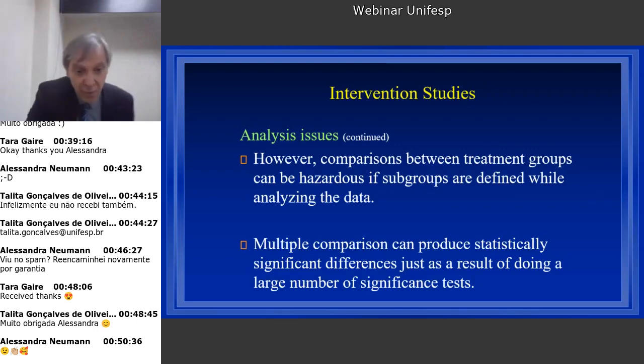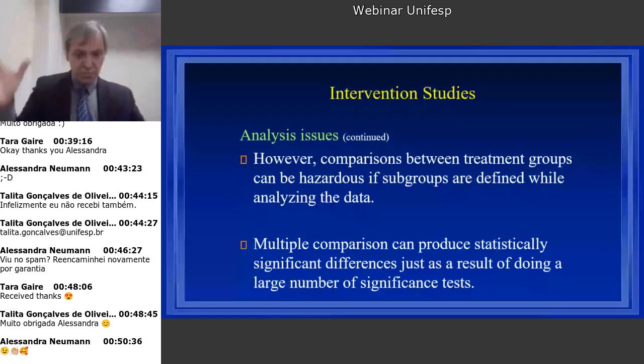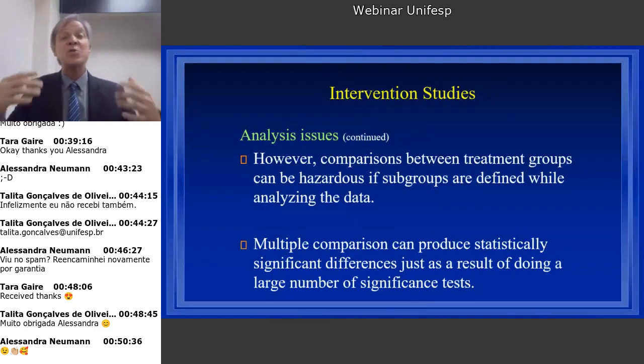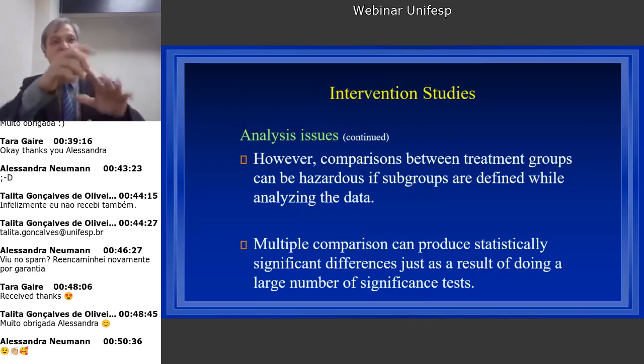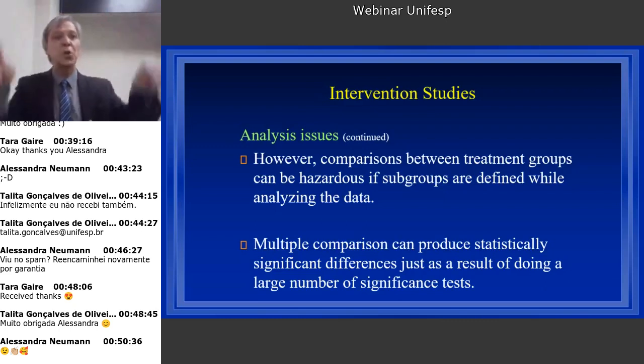However, comparison between treatment groups can be hard if subgroups are defined while analyzing the data. You don't do that. You do it a priori. You prepare. The way I do it, folks, I'll give it to you: I create all the analytical tables ahead of time. I call them mock tables. Always. I say we're going to do A, B, and C, and then I create a table for that. Table 1 is going to look like that.